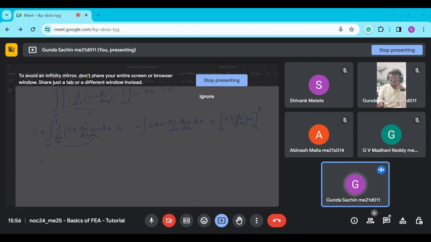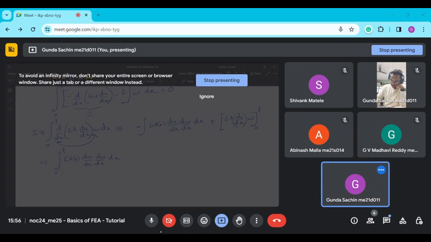So you can just substitute them into the original equation, which will be EA of x du by dx dw by dx.